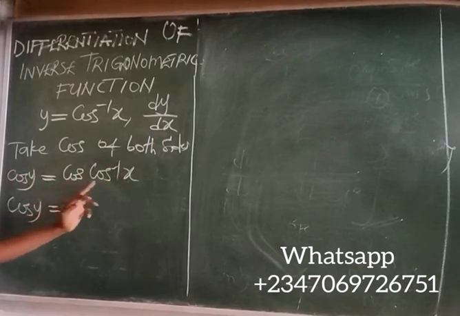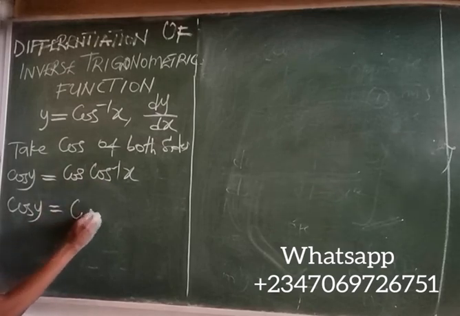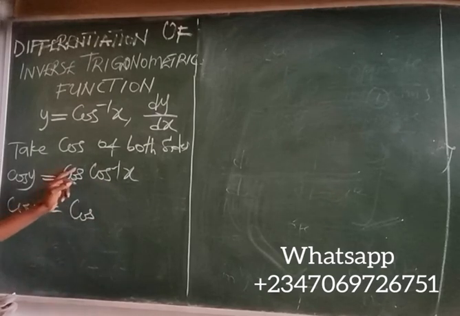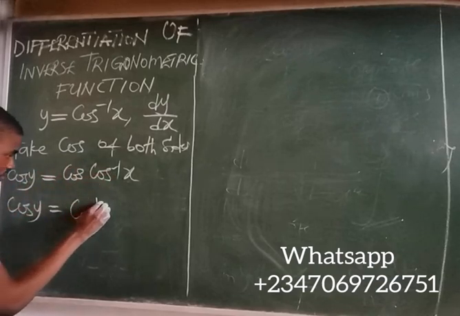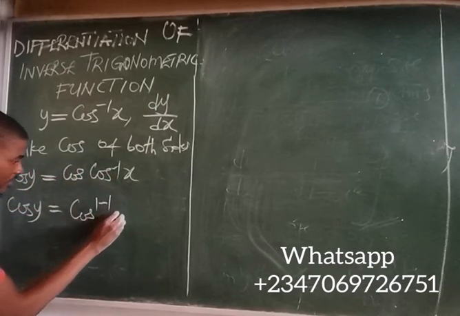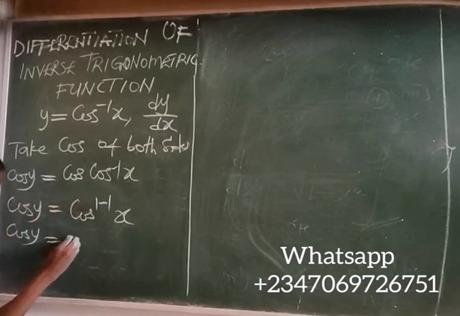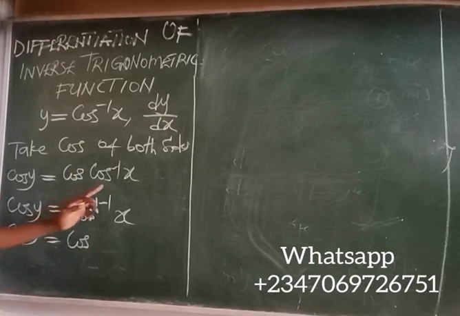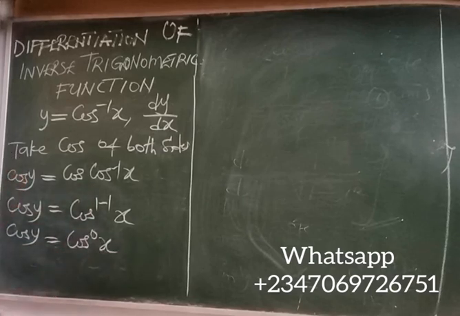So I will have cos to the power of 1 minus 1, then I'll put down my x. This becomes cos to the power of 0 times x.